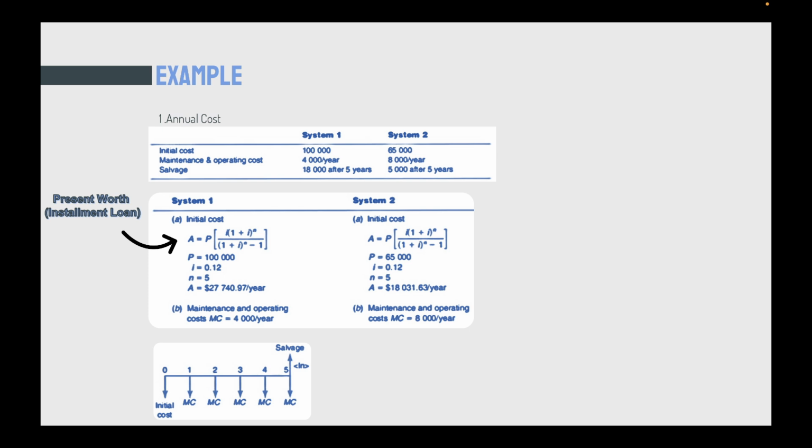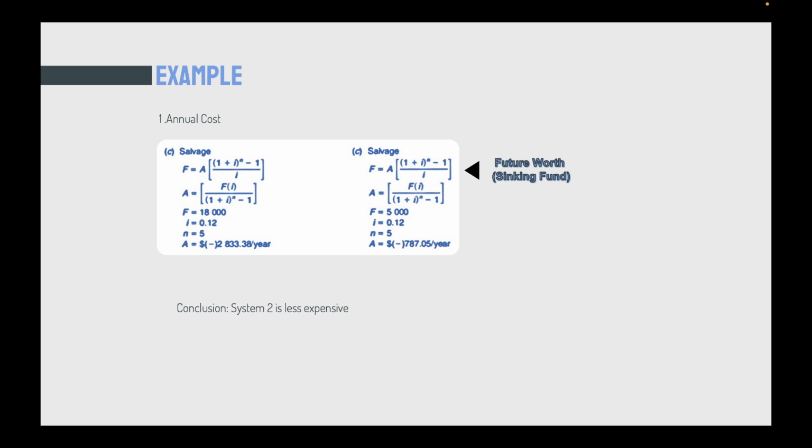Then the third one is your salvage. Your salvage is money. Those are costs, things in minus, while the salvage is money coming back to you. Now, with the salvage, you would use the sinking fund equation: A equals F times i over (1 plus i) to the power of n minus 1. Our F is 18,000, as they mentioned.